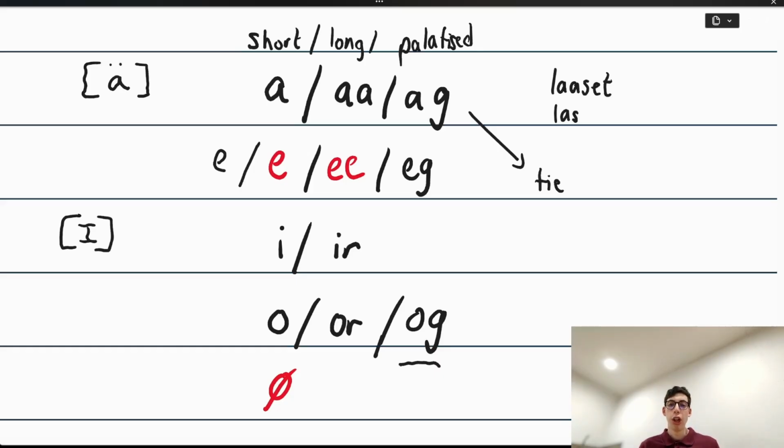Now, the long form is not just I. Unfortunately, it's not just long. It's slightly more difficult than that. It's actually ear. So I'm going to write this out in IPA first, because if you know IPA to a good standard, you might know how to pronounce this, hopefully.